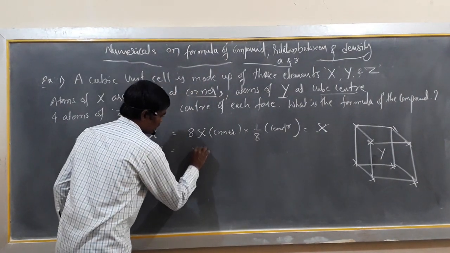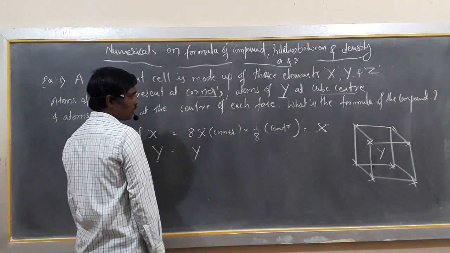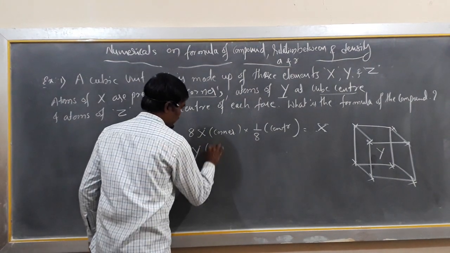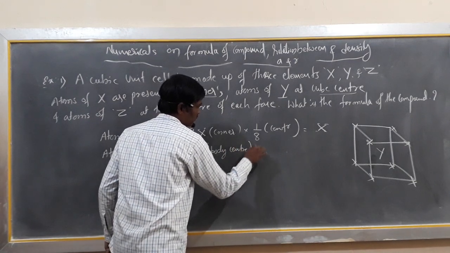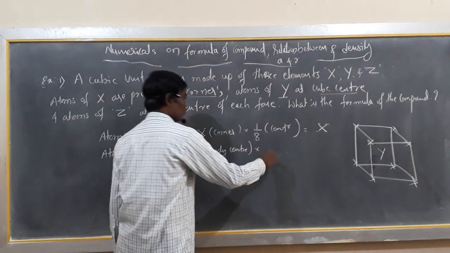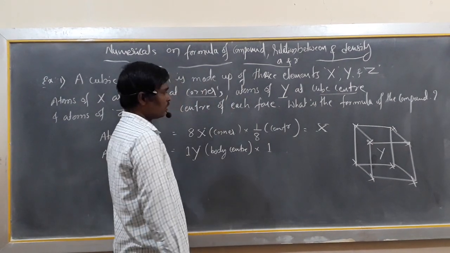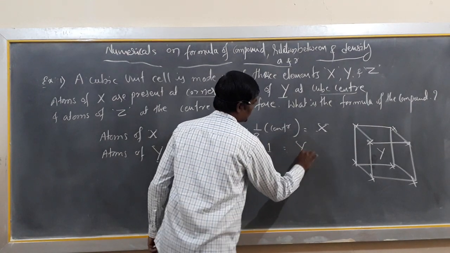So let me write this as Y. There is only one body center particle, therefore 1 Y at the body center is multiplied with the contribution of a body center particle, which is 1. It completely belongs to that unit cell only, therefore the total number of Y particles here is 1.